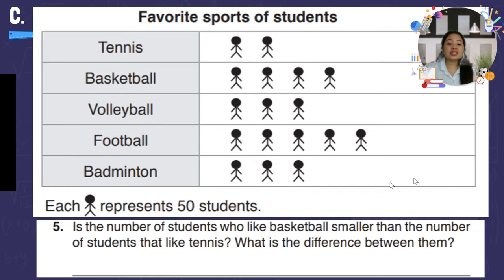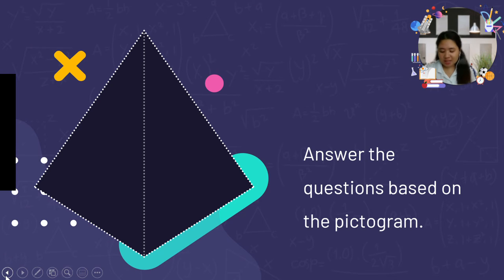Basketball has 4 and tennis has 2. So 4 minus 2 is 2, and 2 times 50 is 100. So the answer to the first question is no, because basketball is larger, not smaller. And the difference is 100 students. Good job. That's the end.